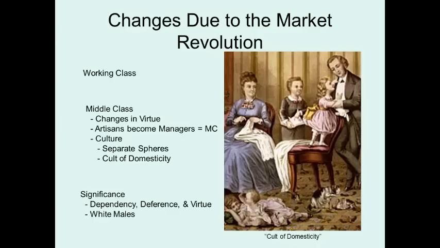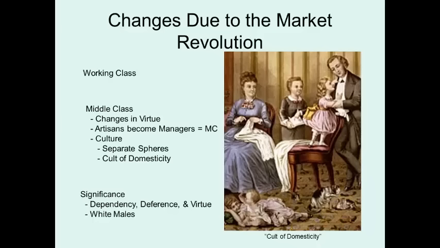And so, for the first time in American history, you are increasingly less likely to have your boss interfere in your personal life. That's something that you couldn't say before this time. Your boss, whoever you were working for, because you were dependent, quote unquote, on him, could interfere in your personal life. He could tell you when to go to church.